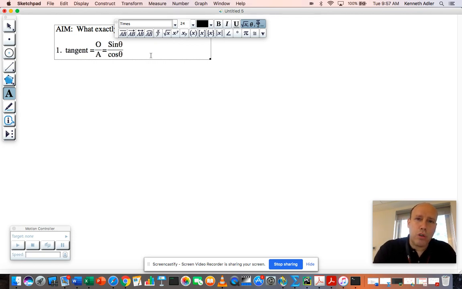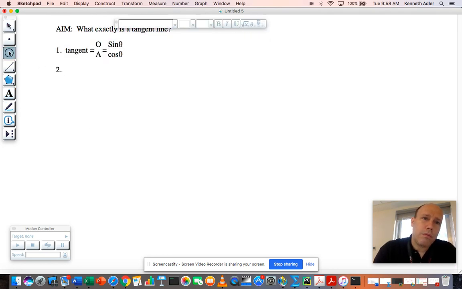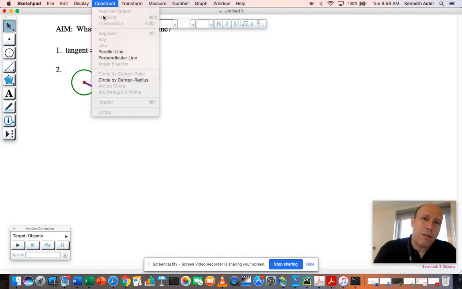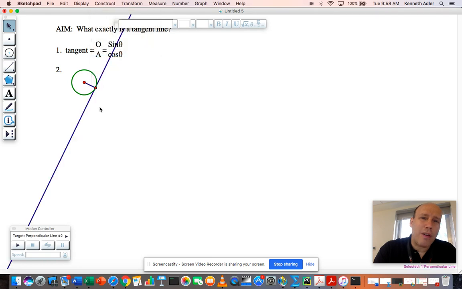The second definition you got was at the end of the geometry unit. You actually learned it as a line that touches the circle at only one point.